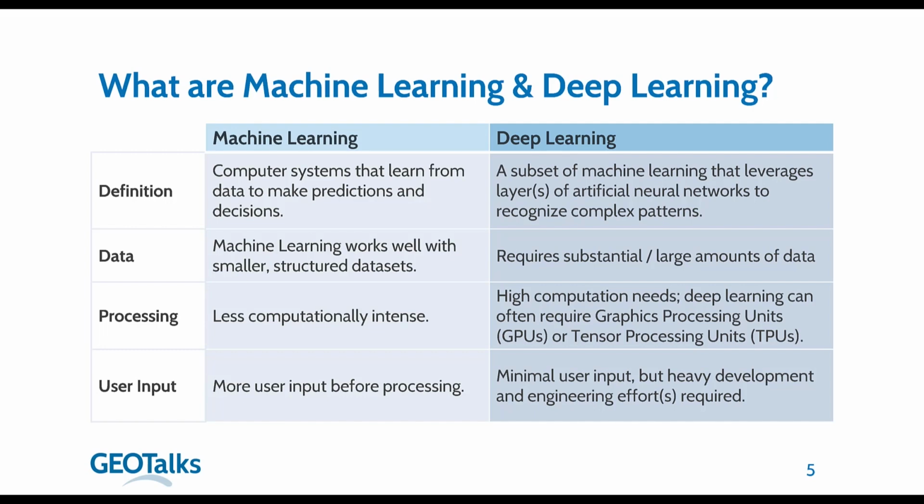Generally speaking, we can consider deep learning as a subset of machine learning, where we're leveraging what are called artificial neural networks, which recognize complex patterns in data. On the user side of things, deep learning inputs are much more streamlined. But on the development side, those of us who are creating the software have much higher engineering efforts required.